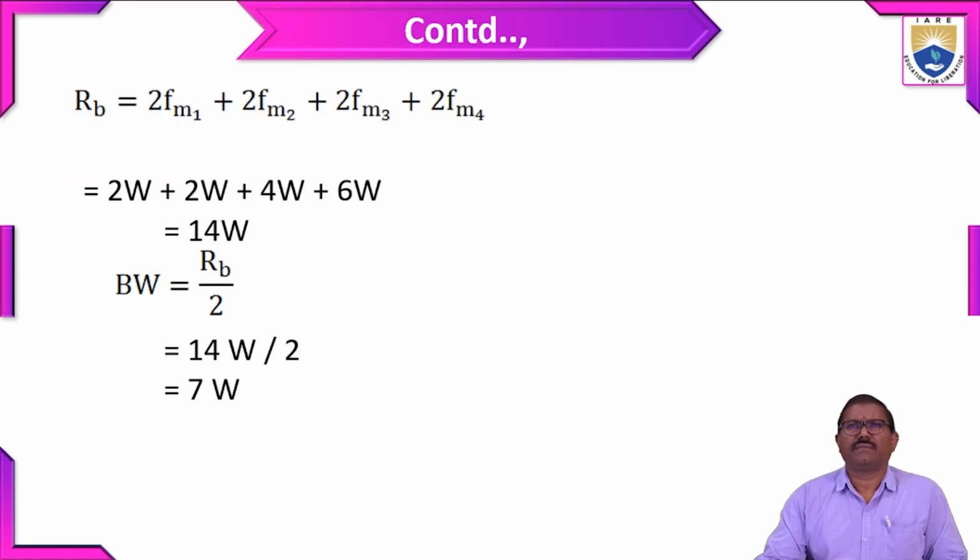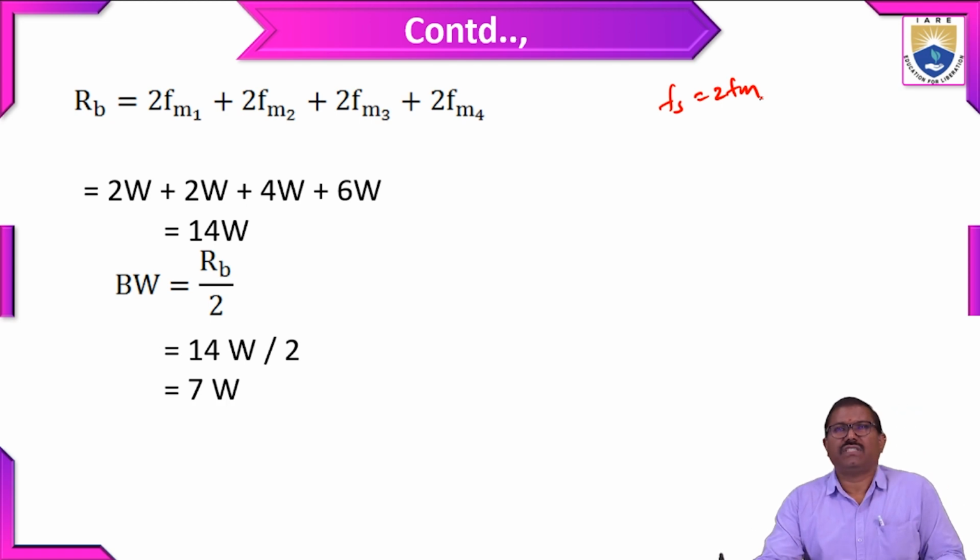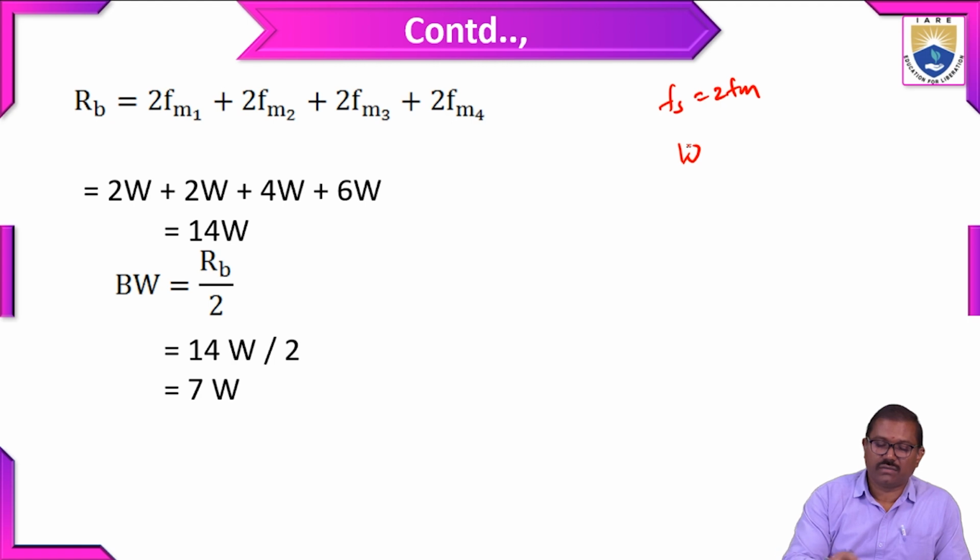Here the Nyquist rate or sampling frequency is equal to 2 fm. So for the first signal 2 fm, second 2 fm, third 2 fm, fourth 2 fm. The first two are W, so 2W plus 2W.